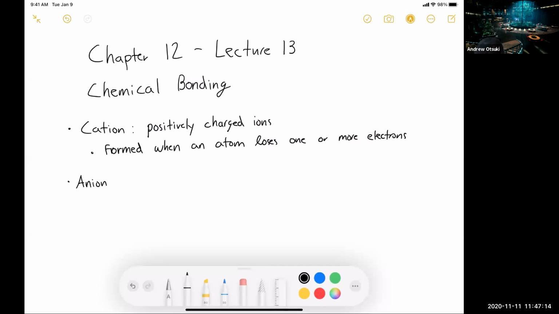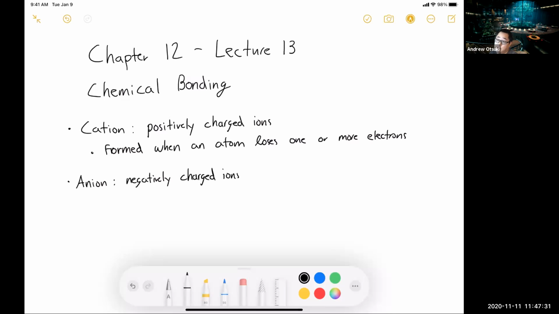So an anion is a negatively charged ion.